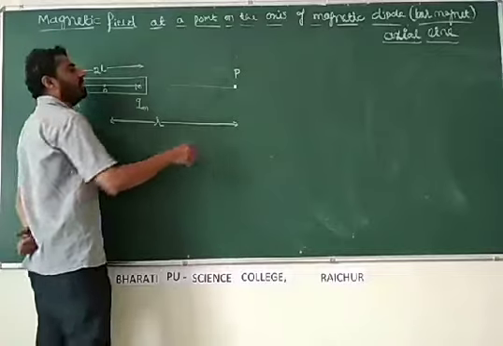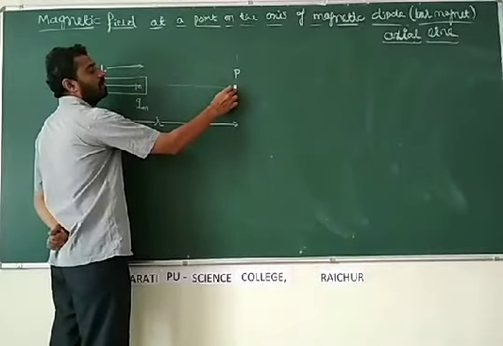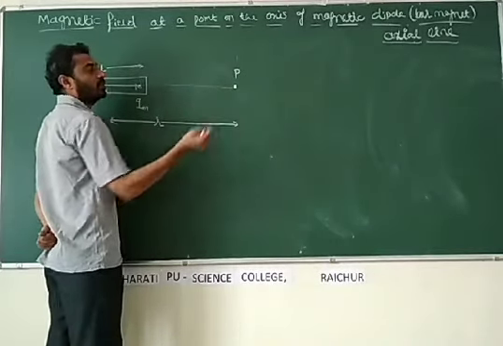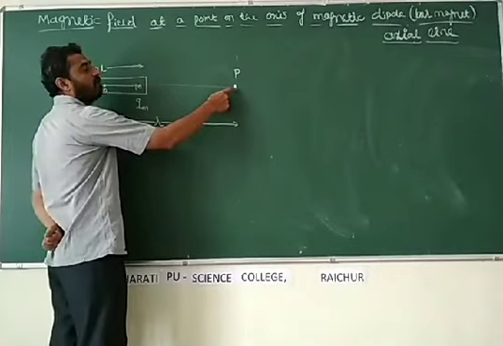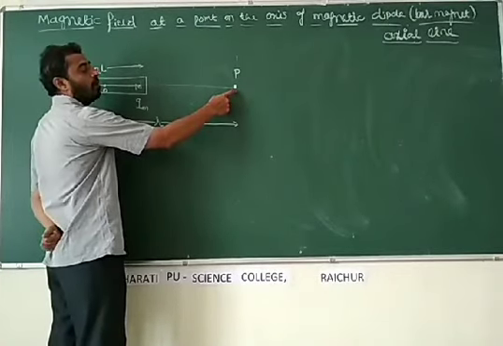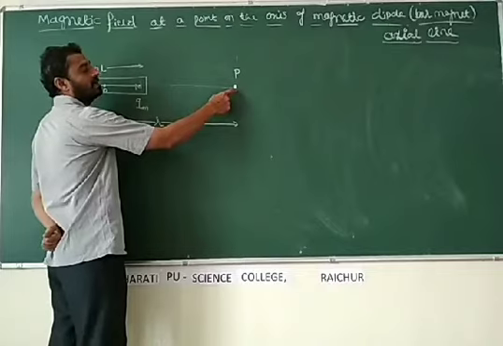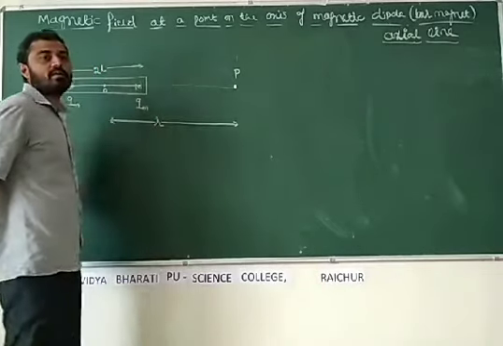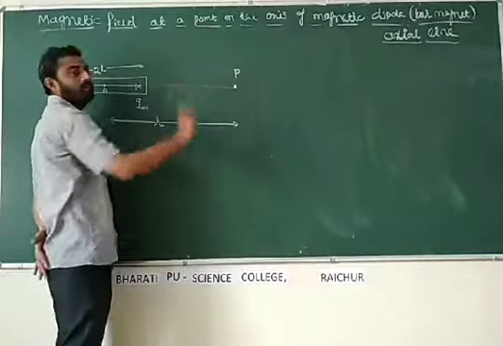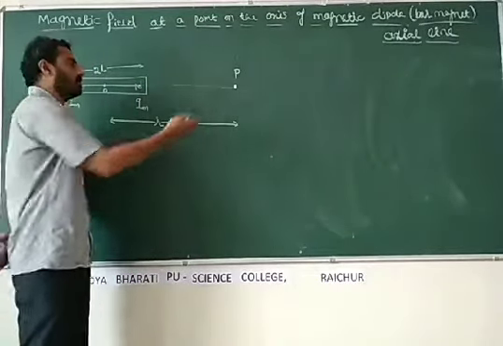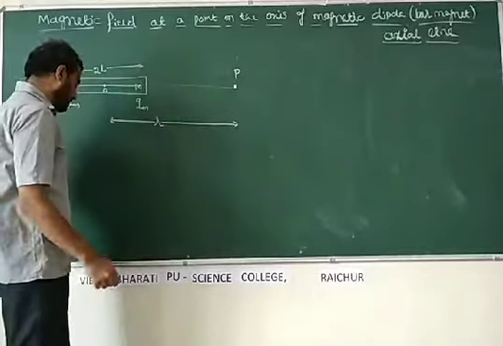Now, if you want to find the field intensity at this point P, we need to assume one test north pole, unit test north pole at this point P. How much force is experienced by that unit test north pole on placing over here at this point? That itself is the magnetic field intensity at this point P. How much force is experienced by the test north pole? That itself is the field intensity.